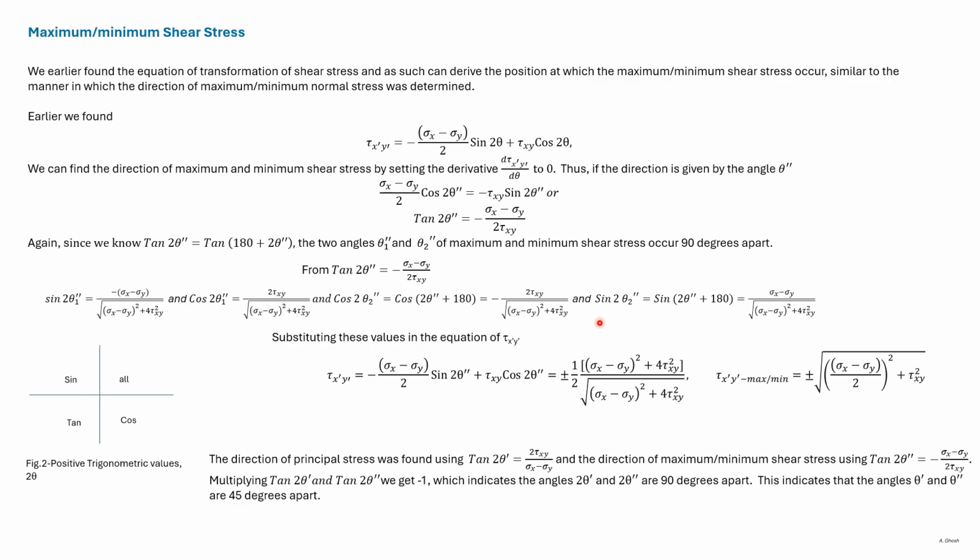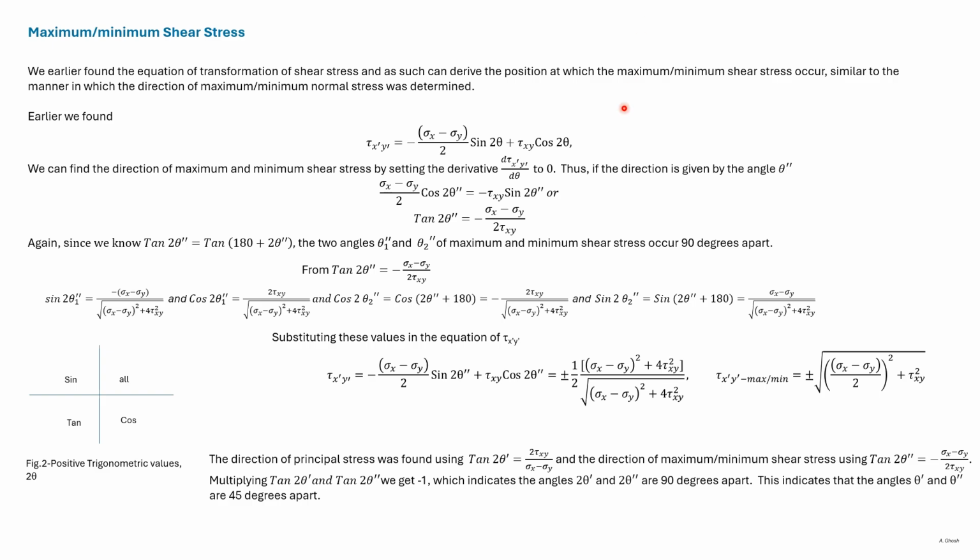Consider that we are in the direction corresponding to the maximum principal stress. If we rotate 45 degrees anti-clockwise, then we'll come to the plane of minimum shear stress.